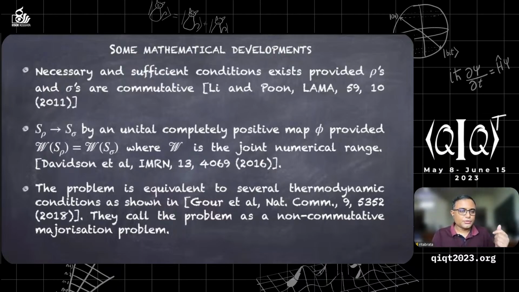So you take the sum over all i of |i⟩⟨i| tensor rho i, normalize that object, and similarly you take the sum over i of |i⟩⟨i| tensor sigma i and normalize that.